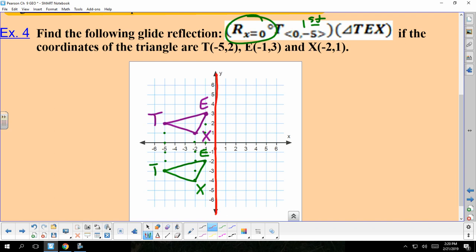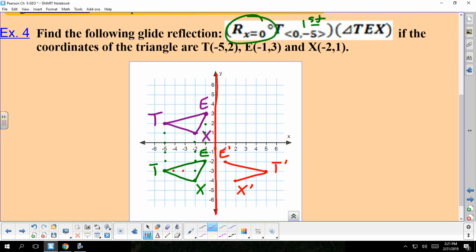So remember, I can count the distance from the line and go perpendicular in the opposite direction. So E here, here's my final E prime, and then T. There is T prime, and X, 1, 2, 1, 2. There's X prime.